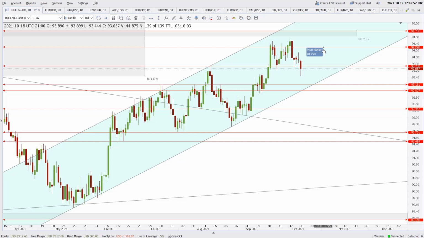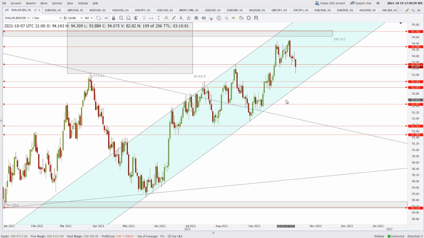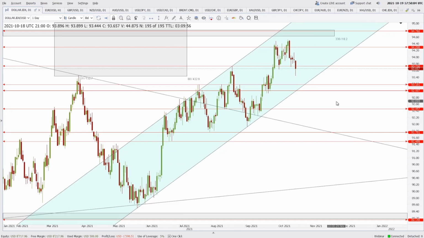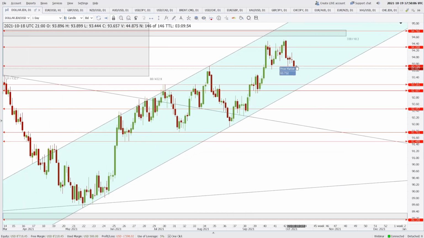From a trading point of view, I think since on the daily chart it is making higher highs, we should not be looking to sell any pair which has the US dollar attached to it, like USDCHF or USDJPY whatsoever.